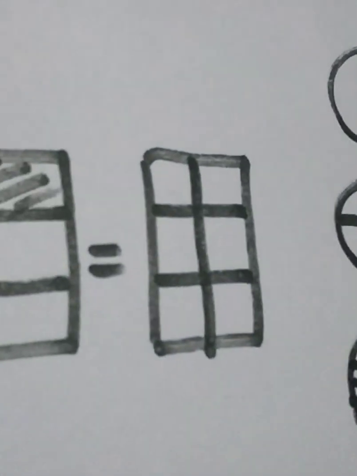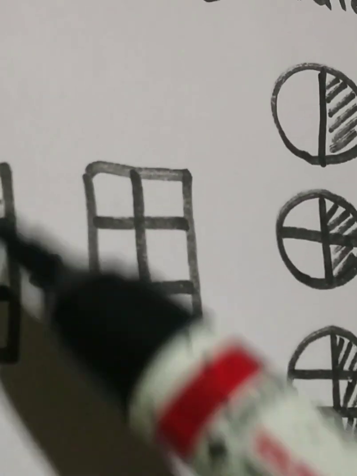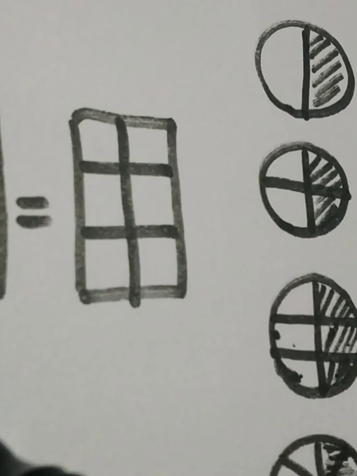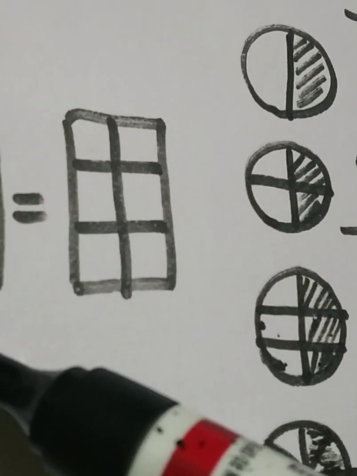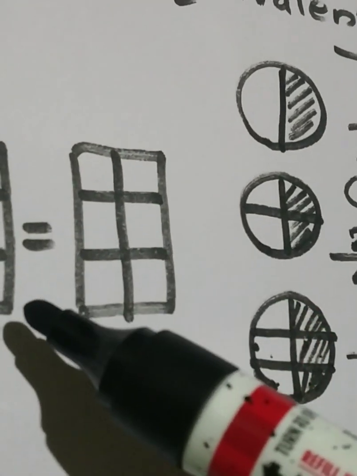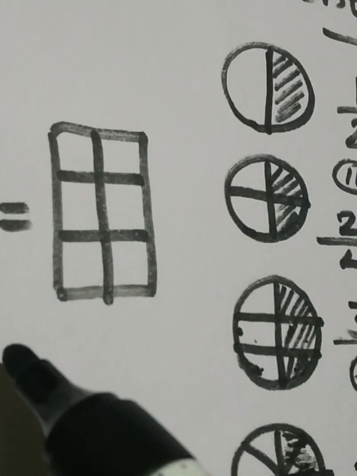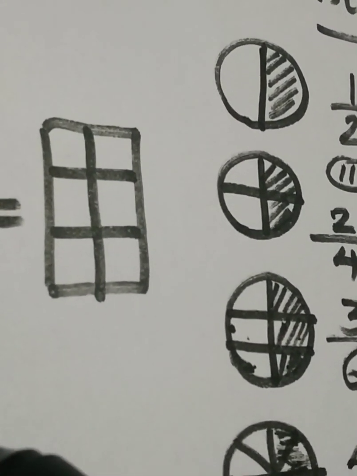Here, how can we do today's worksheet? Here the shaded part is 1 on 3. That is 1, 2, 3, 3 pieces are there, and from this I got only 1 piece. Here we have to write the equivalent fraction of this 1 on 3.